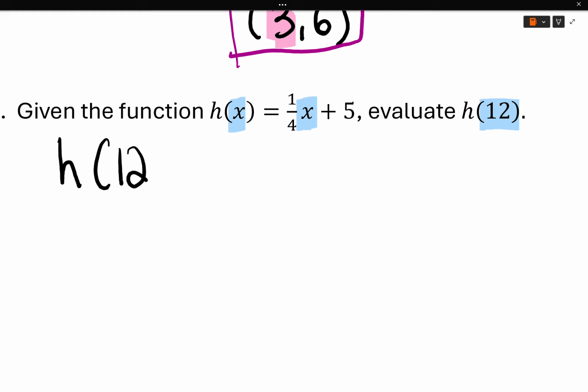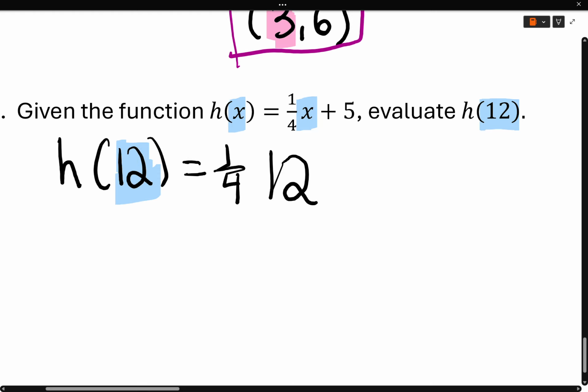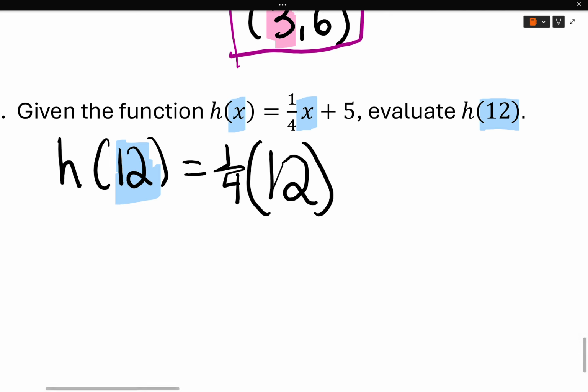Number 7, same thing. We're evaluating h of 12. I'm going to take 12 and I'm going to plug it in for each time I see x. So I got h of 12 equals 1/4 stays 1/4. And don't forget to do parentheses. Because if we forget parentheses, this is what it will look like. 1/4 12. That makes no sense. Put parentheses around it.